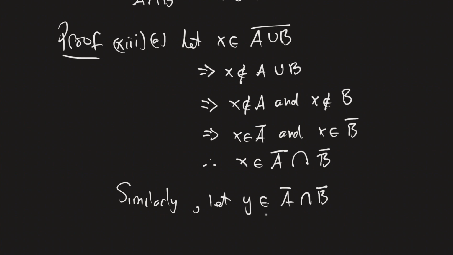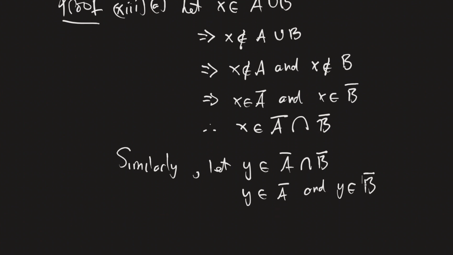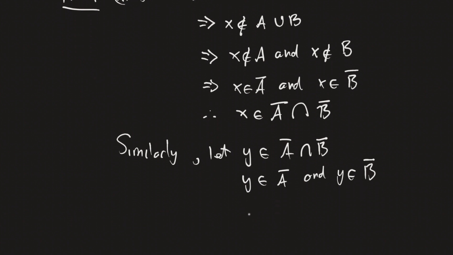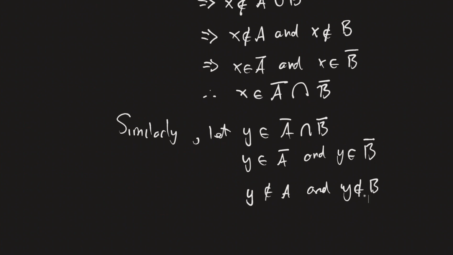So then what this means is that since Y is in the intersection, then it has to be in both, right? So Y is an element in A complement and Y is an element in B complement. And that means that Y is not an element of A and Y is not an element of B. So then this is saying that Y is not an element in A union B, because it's not in both of them, right?